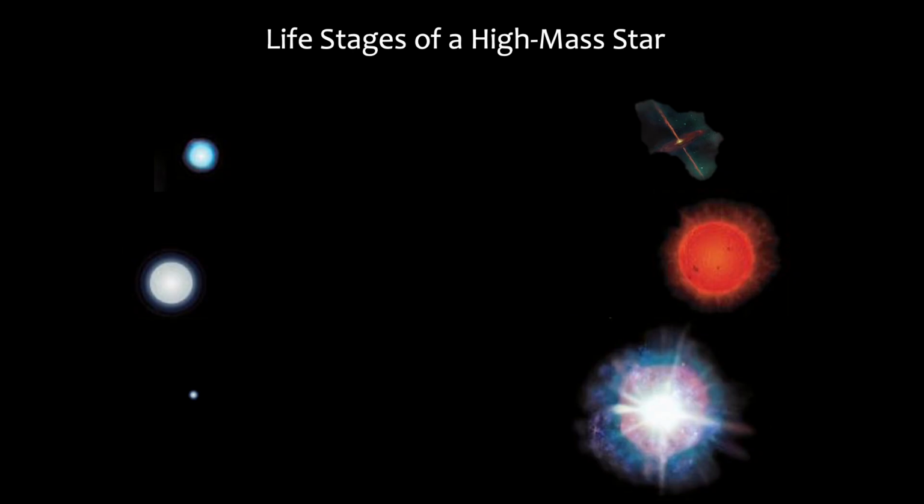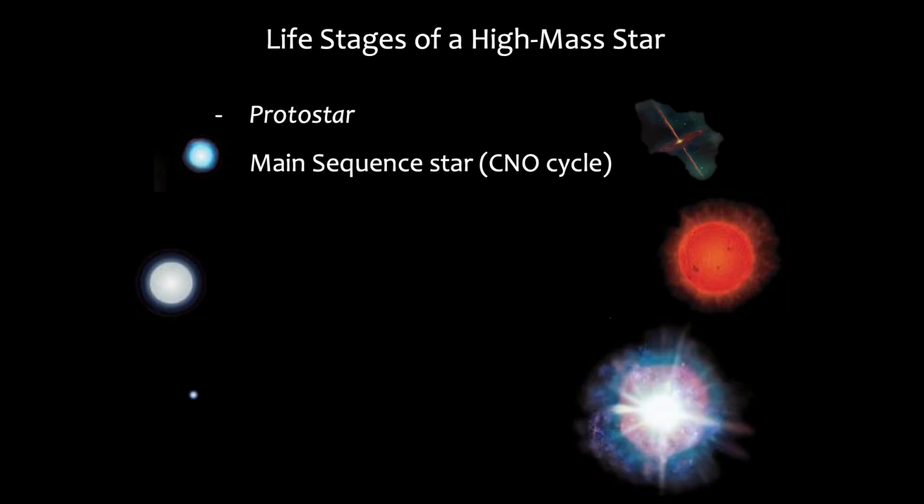In summary, here are the life stages of a high mass star, starting with a protostar accumulating materials from the vast region of molecular gas, and then moving to the main sequence. The difference for the massive stars is that it goes through the CNO cycle nuclear process and turns into a red giant after the hydrogen is depleted.